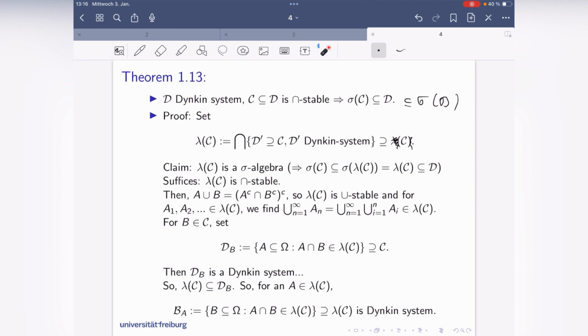Now let's pick A in lambda of C. And similar to what we have done here, pick another set.